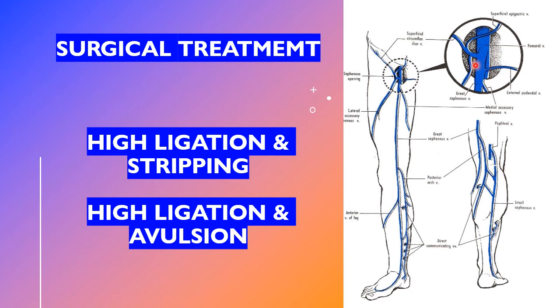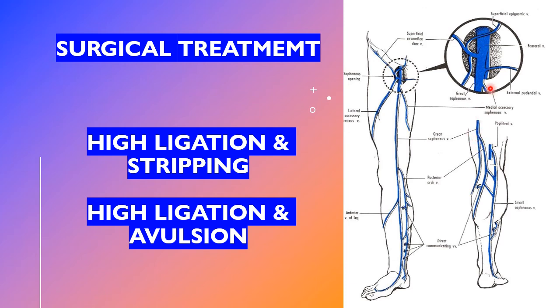At the same time, ligate the long saphenous vein as close to the femoral vein as possible and transect the vein away from the femoral vein.